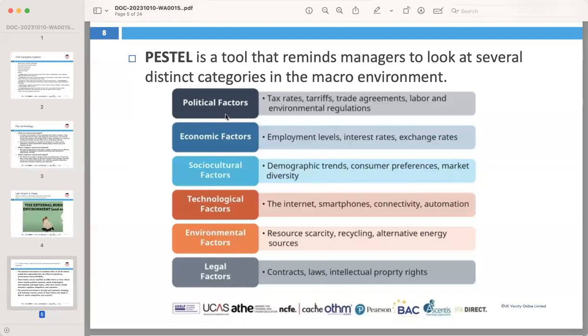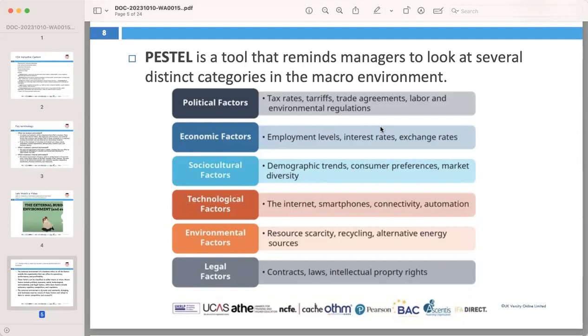So we already discussed PESTEL: political factors, economic factors, social cultural factors, technological factors, environmental factors, legal factors. So in political factors: tax rates, tariffs, trade agreements, labor and environmental regulations. In economic factors: employment level, inflation, interest rates, exchange rates.